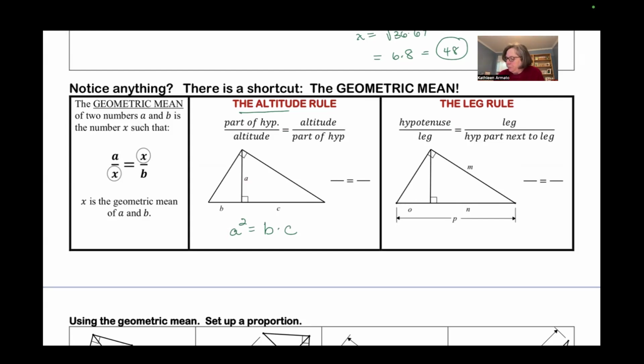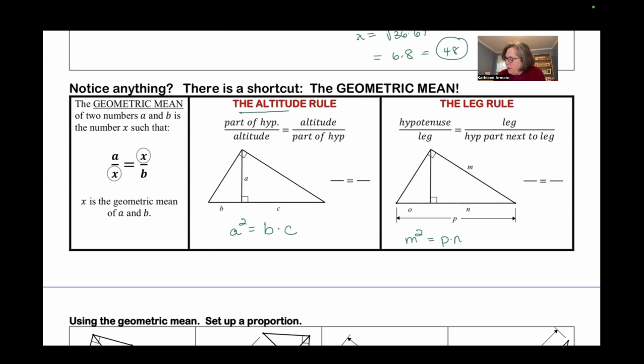So the altitude will be equal to the product of the two parts of the hypotenuse that the altitude divides the hypotenuse into. Over here, when I've got a leg M, M squared will be equal to the entire hypotenuse times the part of the hypotenuse that is next to that leg.